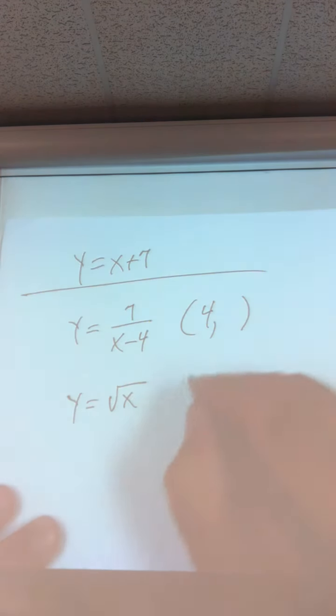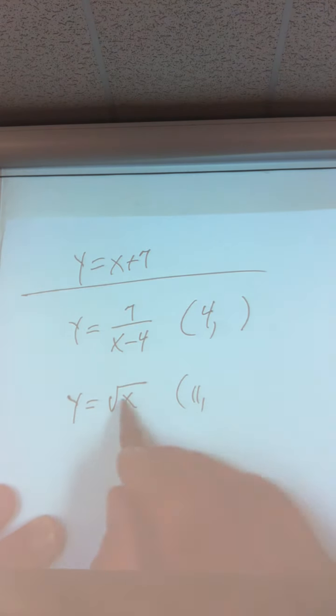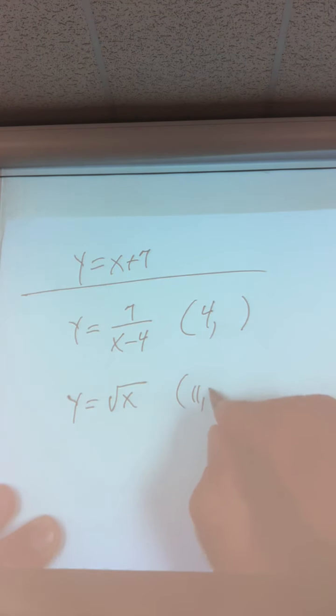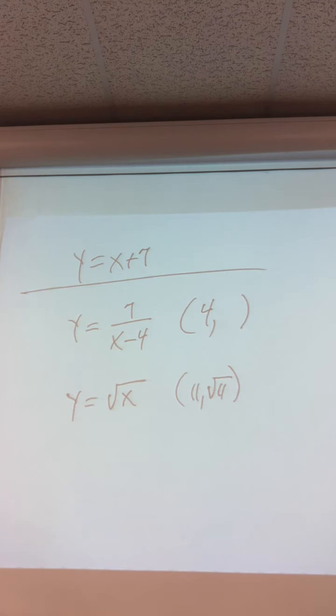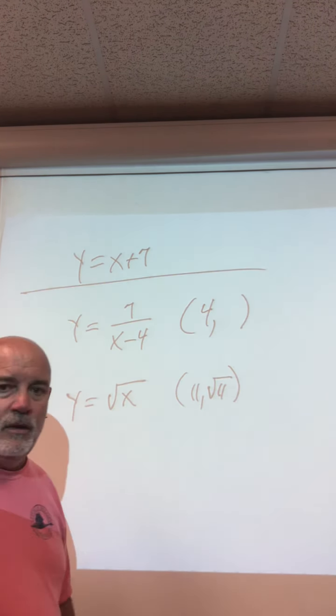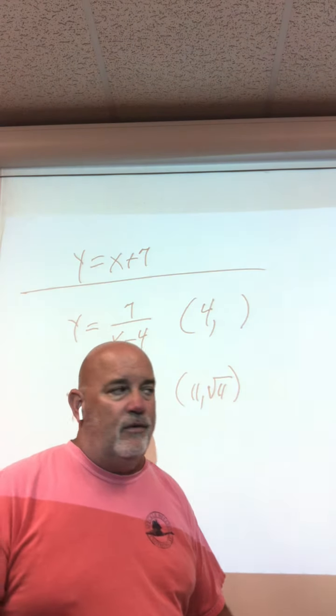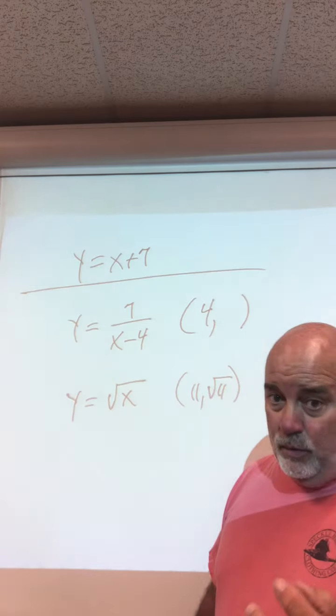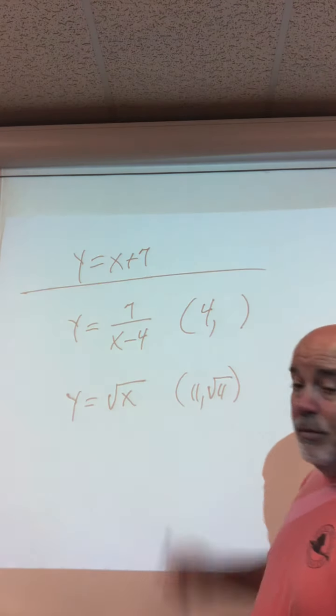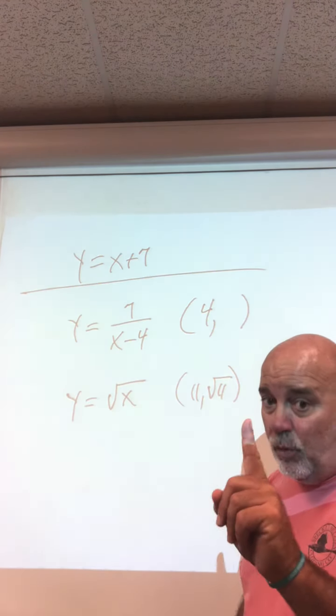If I let x be 11, plug that in, what would y be? Square root of 11. And you say, Mr. Rainer, we can't get the square root of 11. Yes, we can. Take your calculator and punch in square root of 11, and you'll see you can get the square root of 11. It's just not a whole number. But your calculator will give you that y value, and that's one number.